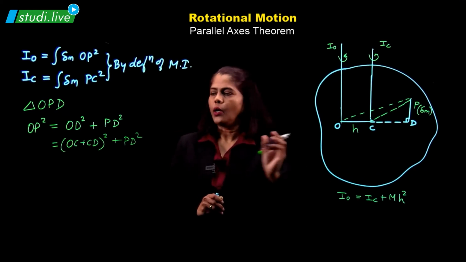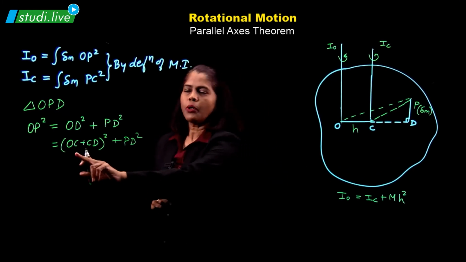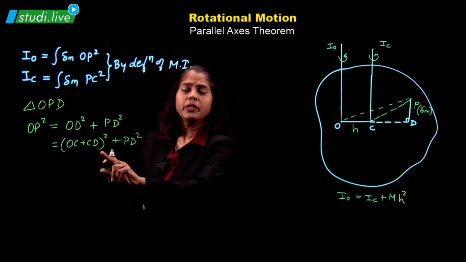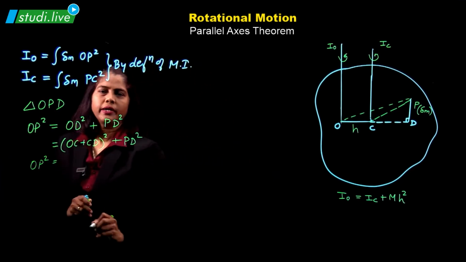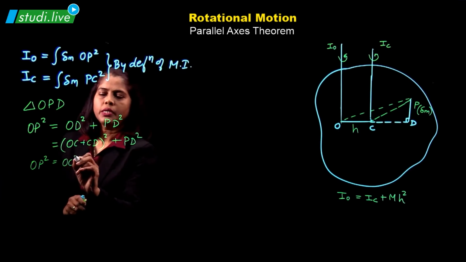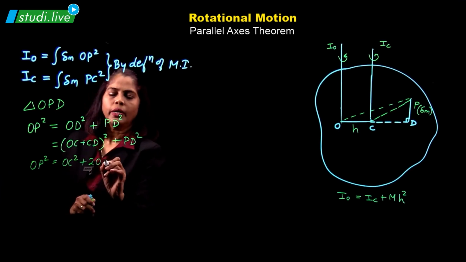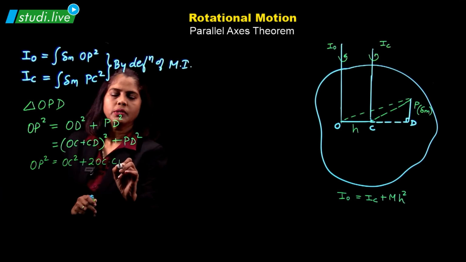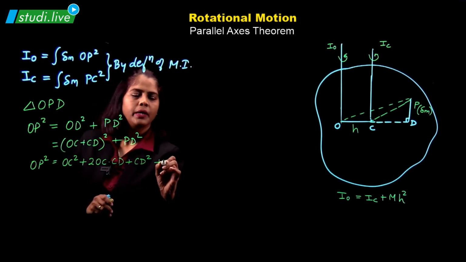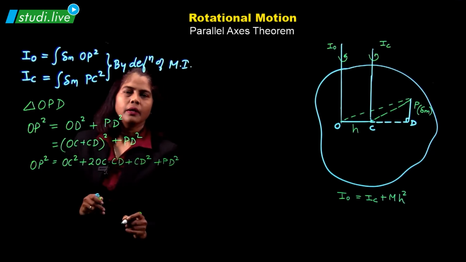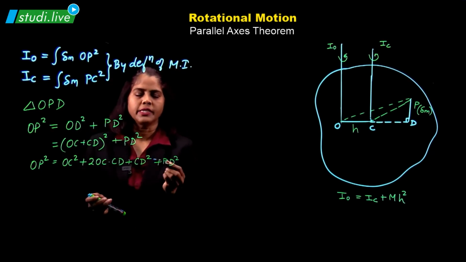Correct? Now, we are going to open this bracket. Which formula we are going to use here? A plus B whole square. So, it will be, let me just write left hand side, OC square plus 2AB, that means OC into CD, plus B square, meaning CD square, plus PD square. Okay, now look at this part.